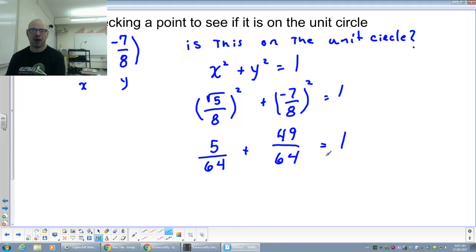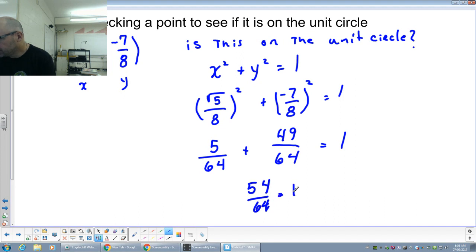So we go 49 plus 5, that is 54 over 64. So this is not true.